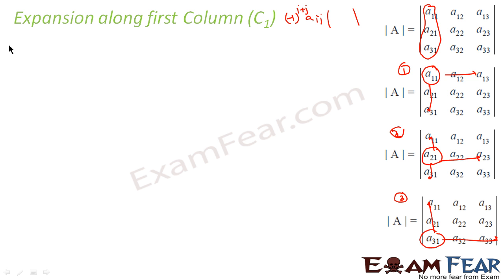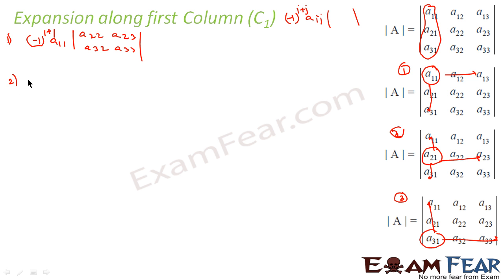In step 1, I get minus 1 to the power 1 plus 1, a11, and then this matrix, where this guy becomes a22, a23, a32 and a33. This is my first step output.